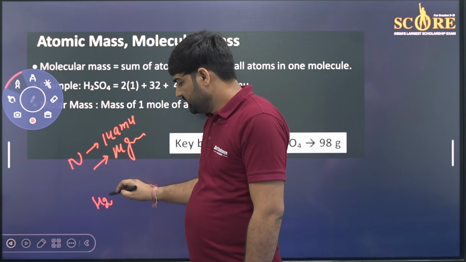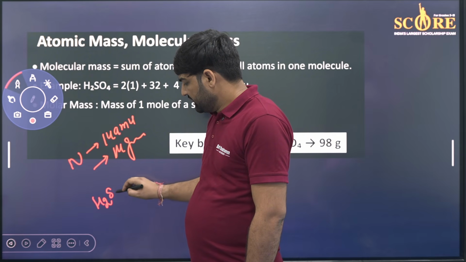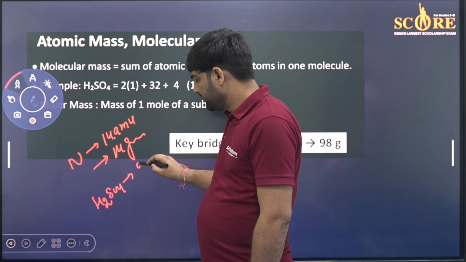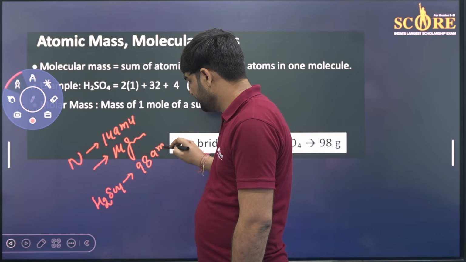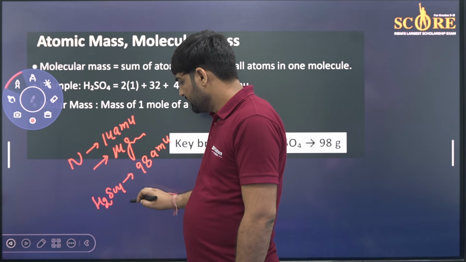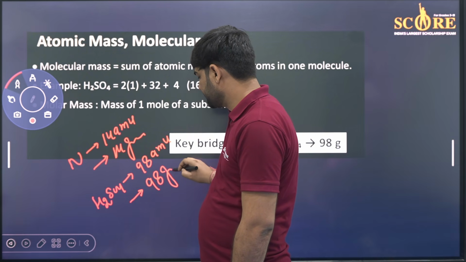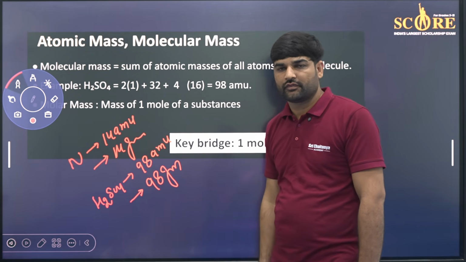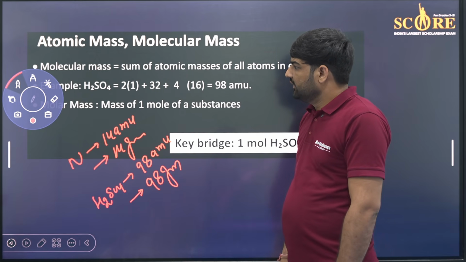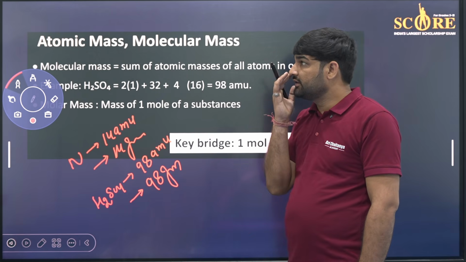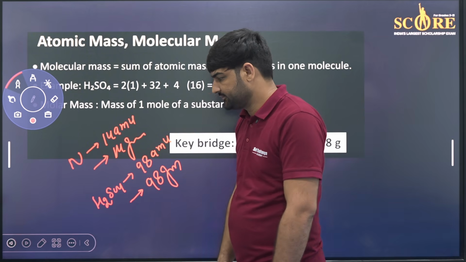If you have a single H2SO4 molecule, then 98 AMU will be the mass. And if we have 1 mole, then mass of H2SO4 is 98 gram. Okay. Now this was about atomic mass and molecular mass.